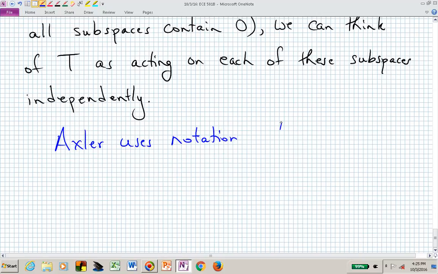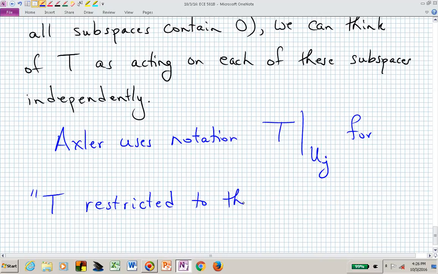There's our linear map, which is now a linear operator, restricted to, that's what that single vertical bar means, a subspace U sub j. That's the notation for T, the linear operator, restricted to the subspace U sub j.